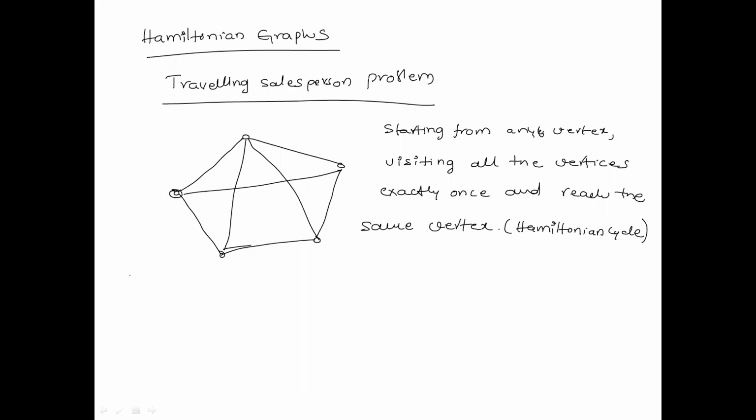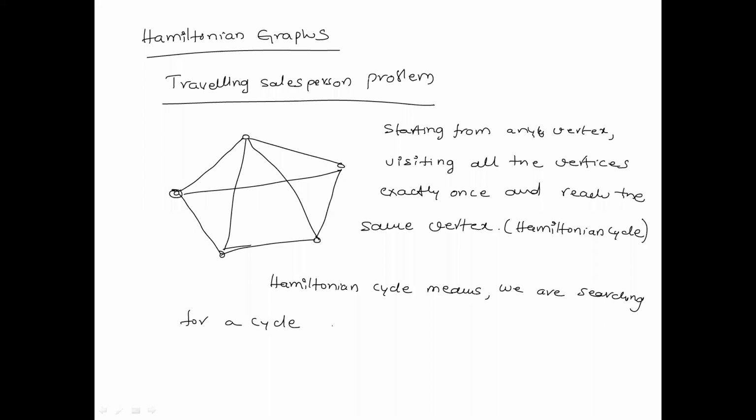Hamiltonian cycle. So basically Hamiltonian cycle means what? We are searching for a cycle in the graph with all the vertices. Telling in other words, a Hamiltonian cycle means we are searching for a cycle. Please recollect what is a cycle.